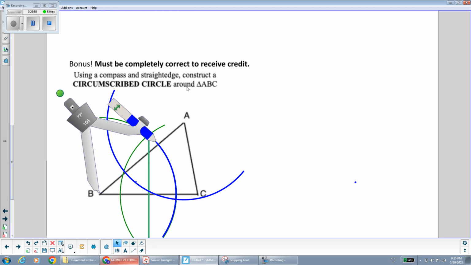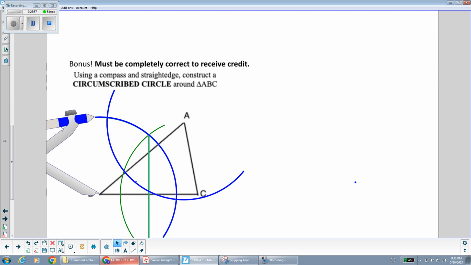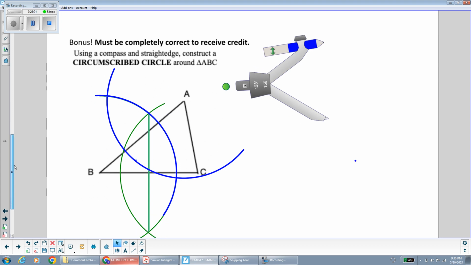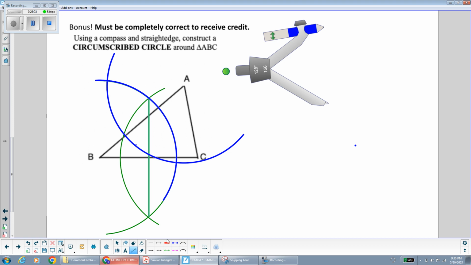And I'm going to make the same exact arc. Through those intersection points, I'm going to draw my perpendicular bisector.